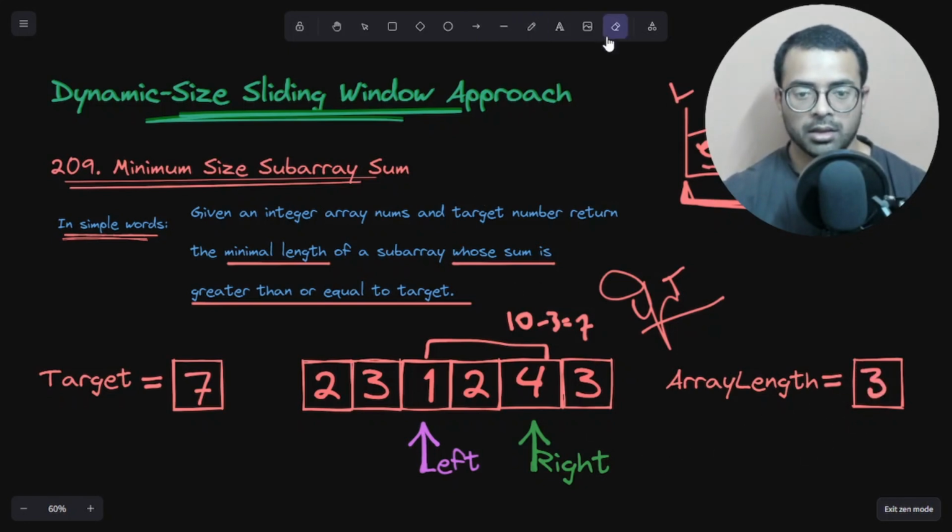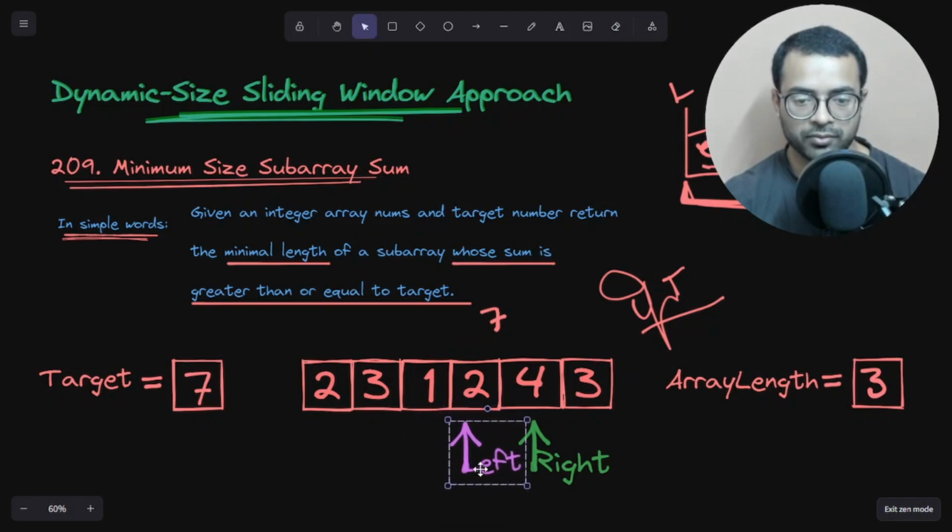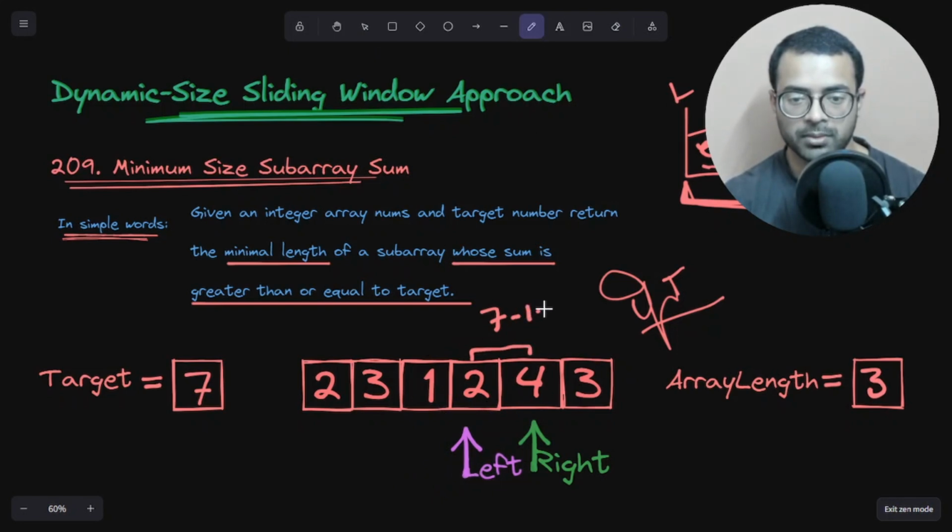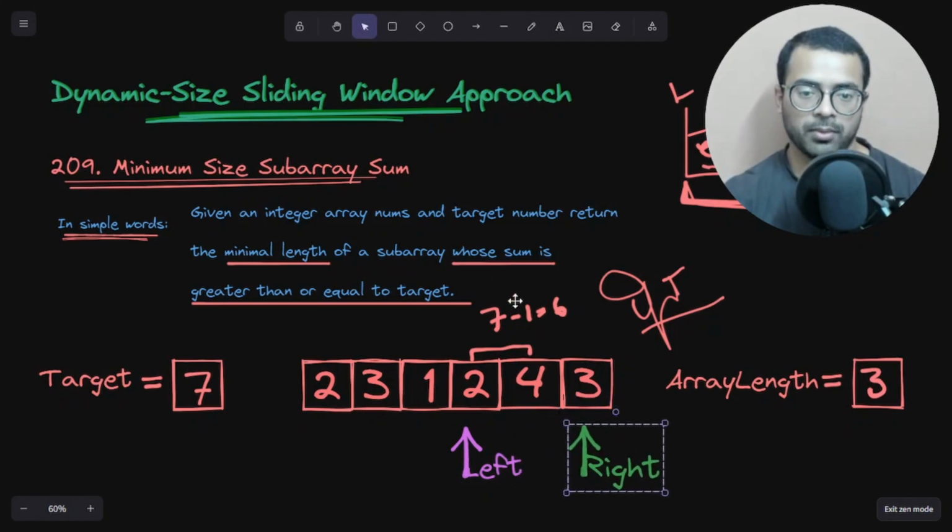Cool. Now at the moment the length of this subarray is 7, these 3. So I am going to move this left one step forward. Now if you remove 1 from it, the sum will become 6. 6 is less than 7, so we will move this right one step forward.